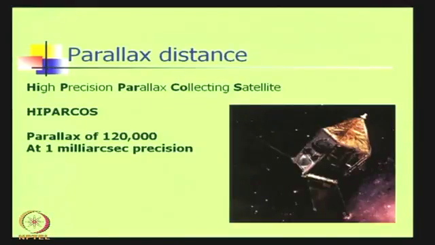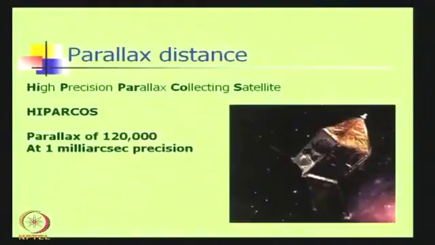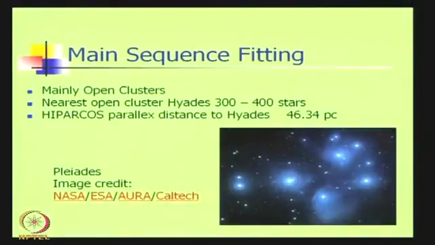depends on determining distances through parallax, and historically also this is how it has progressed. Then you determine the distances to different stars, and you find that there are collections of stars which you can make out in the sky.